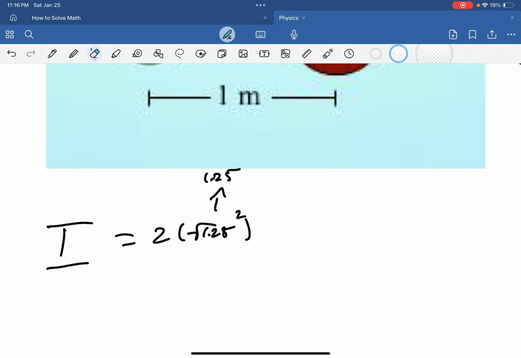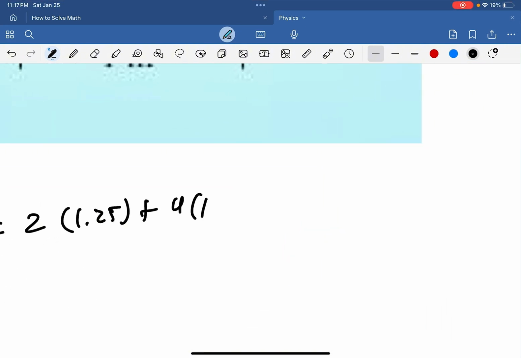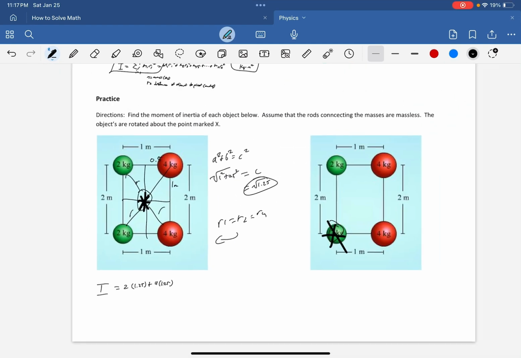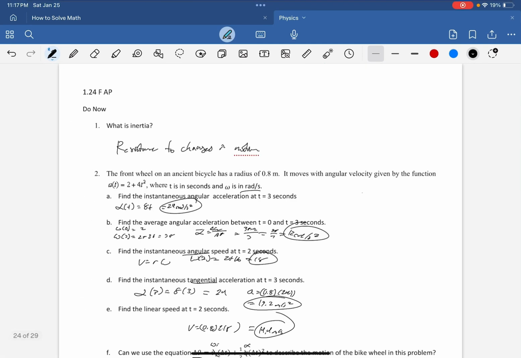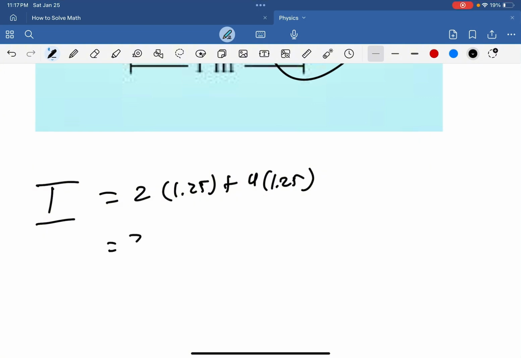So let's do 1.25 plus 4 times 1.25 times 1.25, and because we actually have two of the same, we're just going to do 2 times 1.25 plus 4 times 1.25.